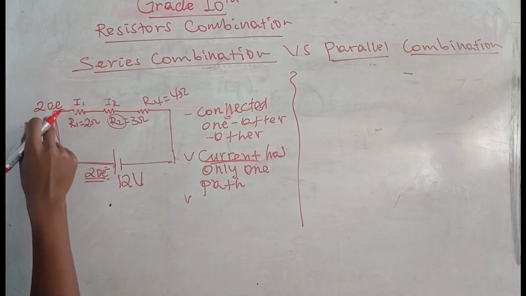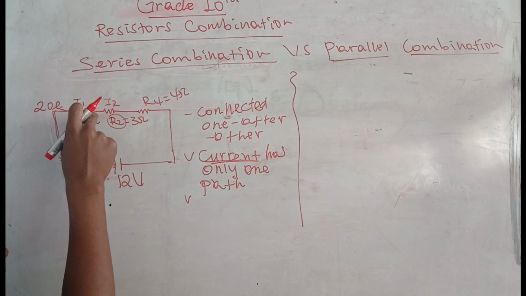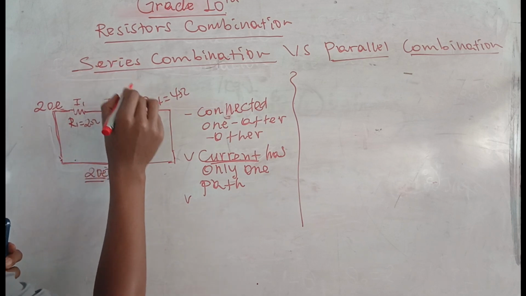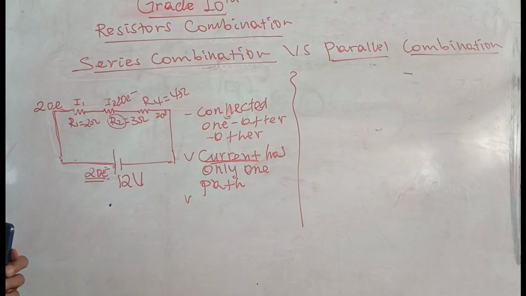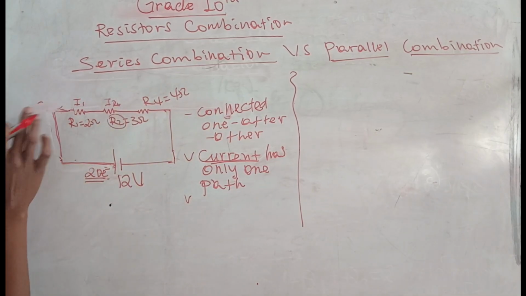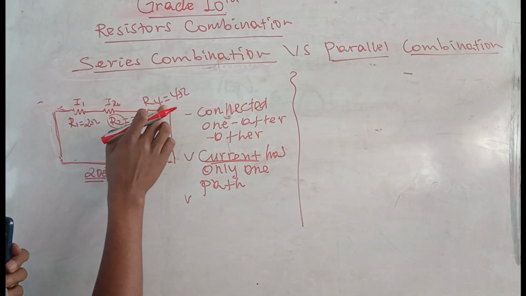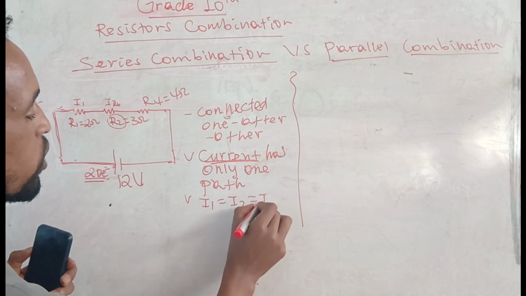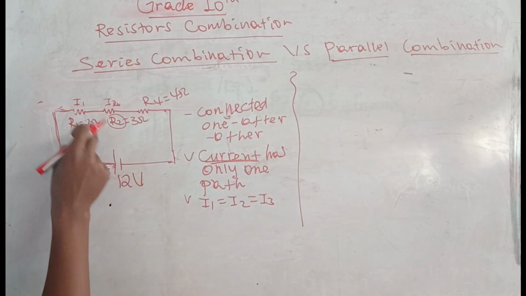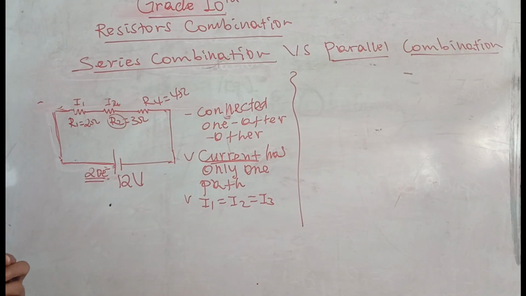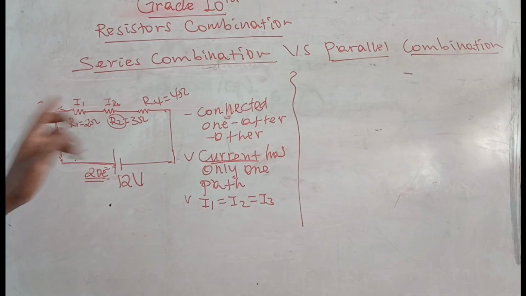These 20 electrons must pass through this resistor, and the same 20 electrons must pass through the next one also. So the same current flows through all the resistors, that means I1 is equal to I2 is equal to I3. That's one thing we know about a series circuit.